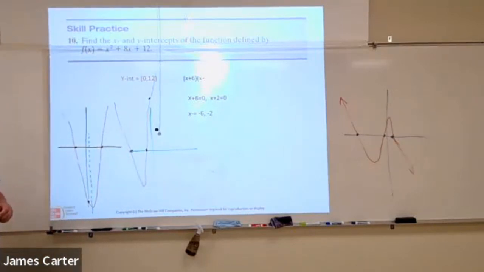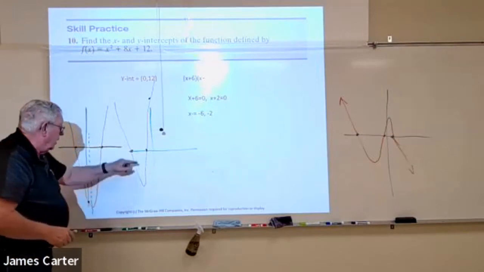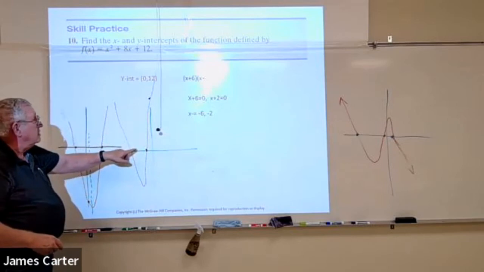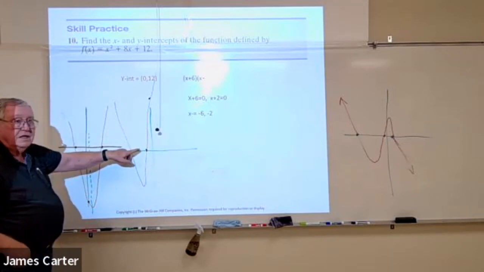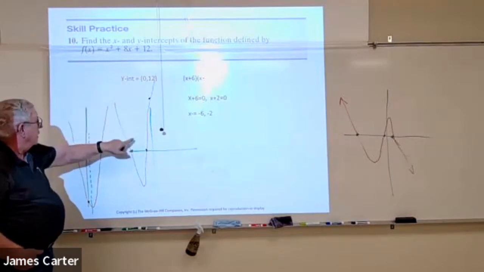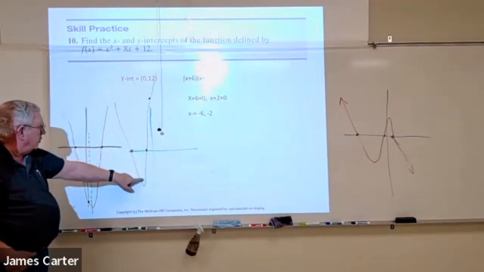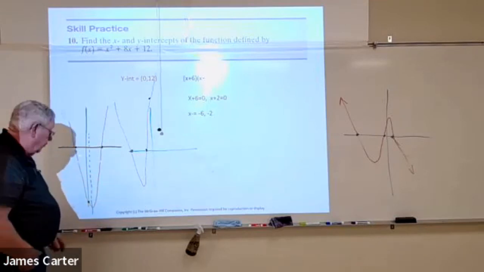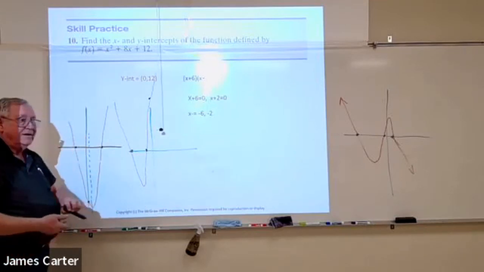Okay. Now, how far down does this go? Well, since that's 2 and 6, halfway between 2 and 6 is 4. We could substitute 4 into that equation and find out how far down it goes, if we were really interested.